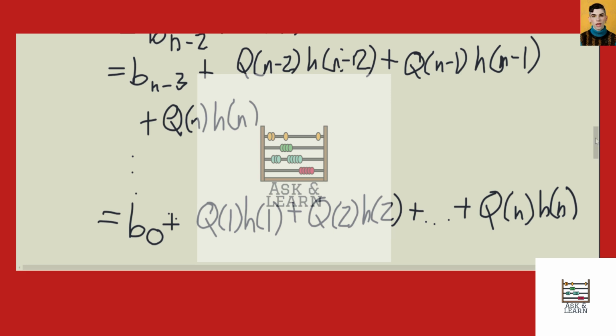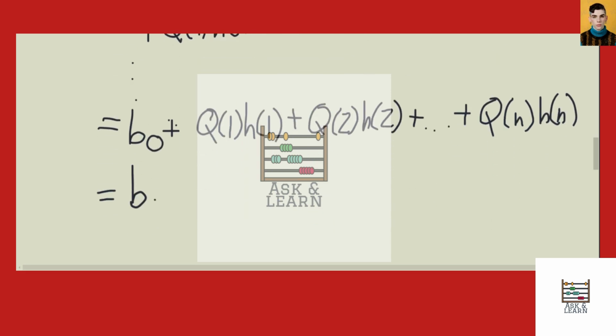And this can be rewritten using sigma notation as B0 plus the sum from I equals 1 to n of Q of I times H of I.